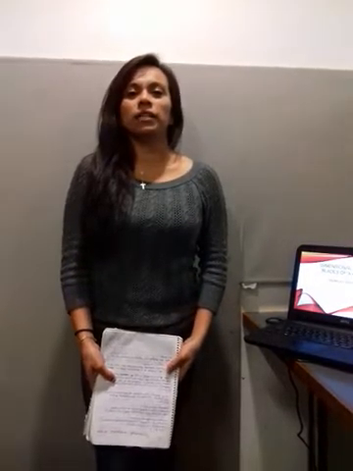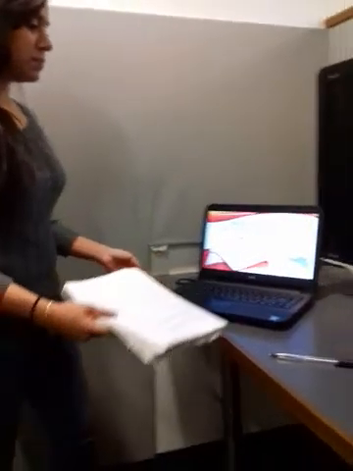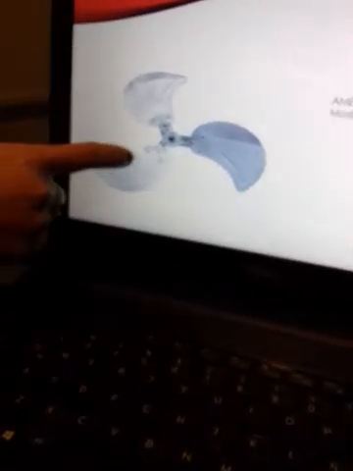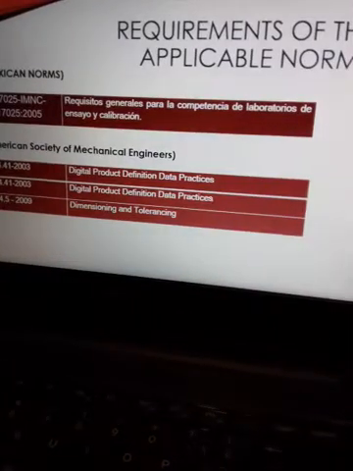So about my project and magnitude: the dimensional magnitude in blades of a commercial fan. This is the flange of an American fan. The model is 4028.